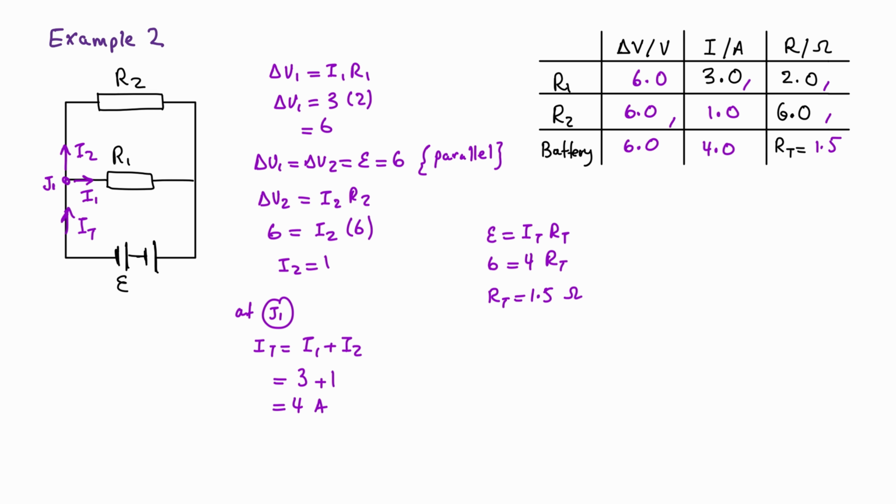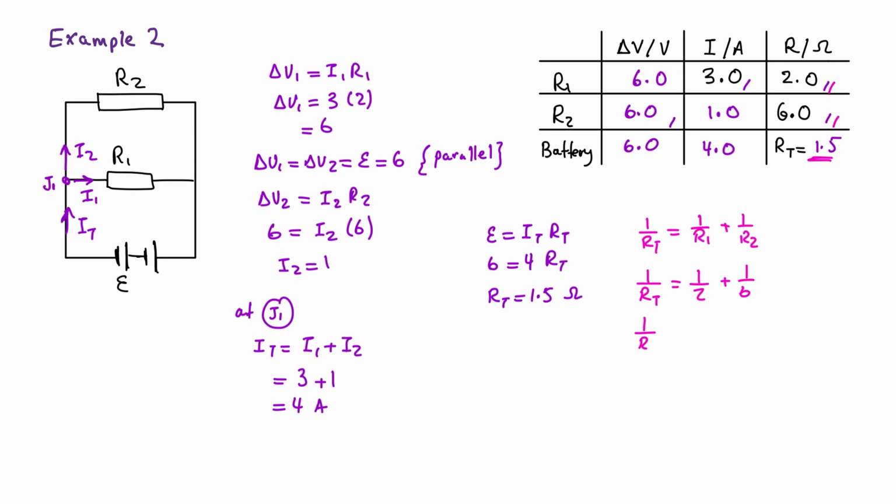I can confirm that part of the answer by doing a total resistance equation. So I can do 1 over RT is equal to 1 over R1 plus 1 over R2. This is because it is in parallel. 1 over RT is equal to 1 over, we got 2 and 6.